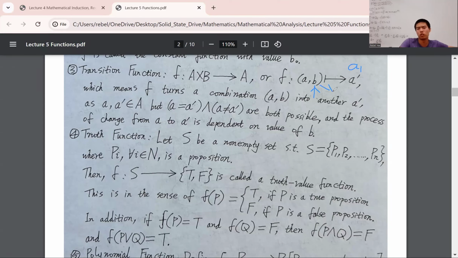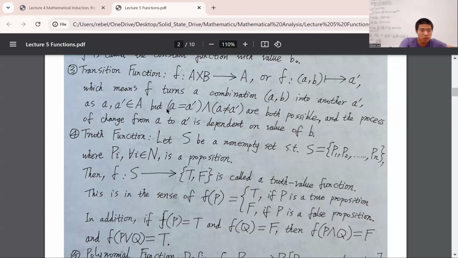If b changes to c, maybe it goes to a different value a2. So b is like a threshold that examines what value a will change to. It might change to a itself, so that a' equals a, or it might not equal a, depending on the information in b. So this is the transition function we introduced here.